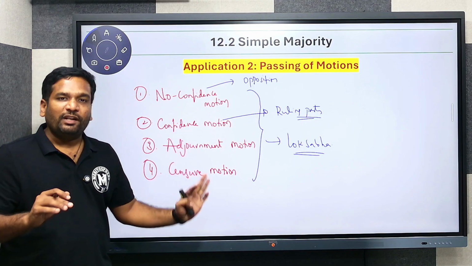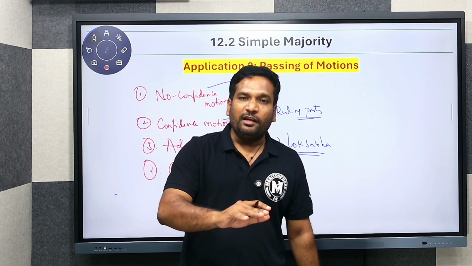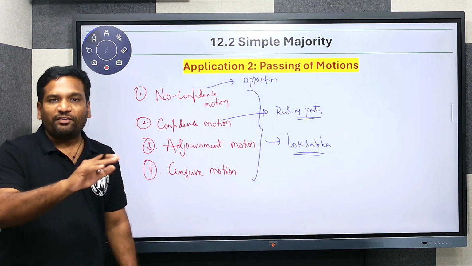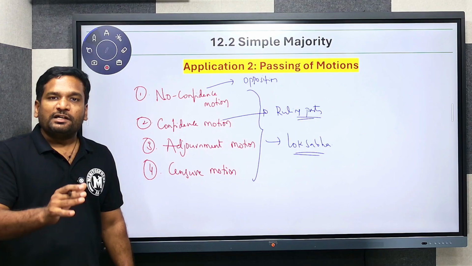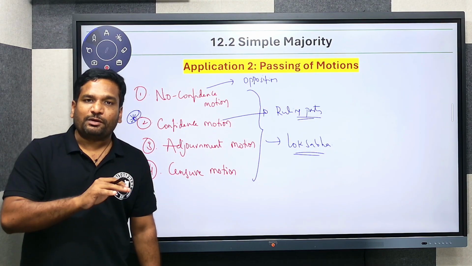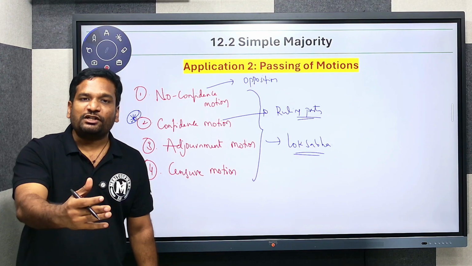Whereas the confidence motion, whenever there is a coalition government, if a party comes out of that coalition, then the ruling party puts forth the confidence motion on the floor of Lok Sabha. It proves its majority.